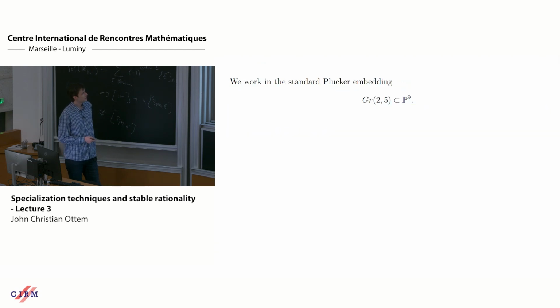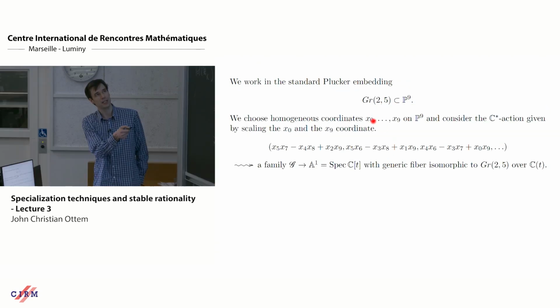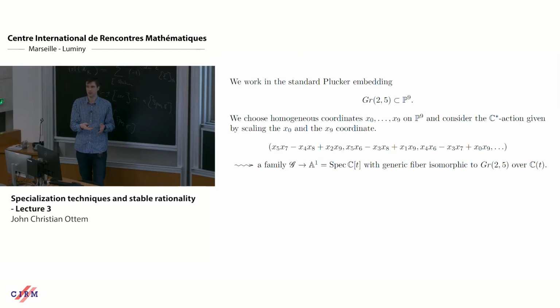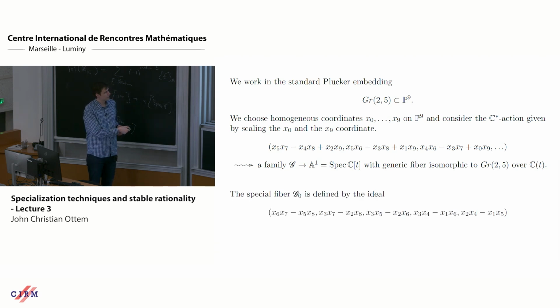Okay, so the point is that we have equations for the Grassmannian inside P9, but now we can just take a toric degeneration of the Grassmannian. You can just act on the P9 by a C-star action, and if you deform the Grassmannian, you can deform it to a toric variety.